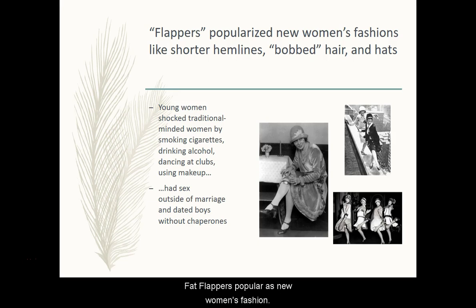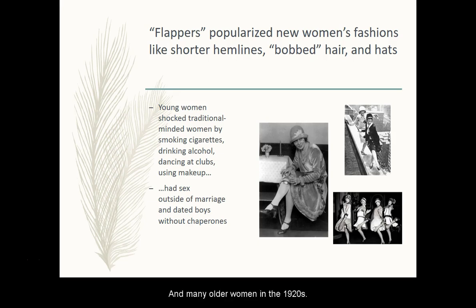Flappers popularized new women's fashions. For example, shorter hemlines. Now it's acceptable for you to show your ankles. Bobbed hair, which is the very short hairstyle that's pretty much to your chin. You just chop all your hair off. Which was very uncommon prior to that, because before that, women would have very long hair and they would pile it up in a bun on the top of their head, and that was the acceptable hairstyle.